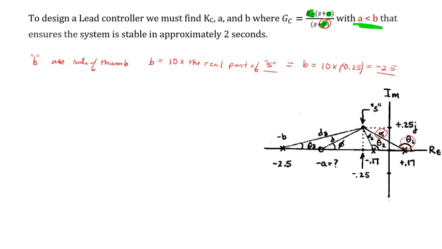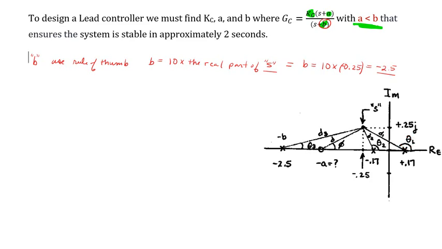So the distance from the pole to our point S is d1. The angle that the leg makes with the real axis is theta 1, clearly over 90 degrees, but not quite 180 degrees.